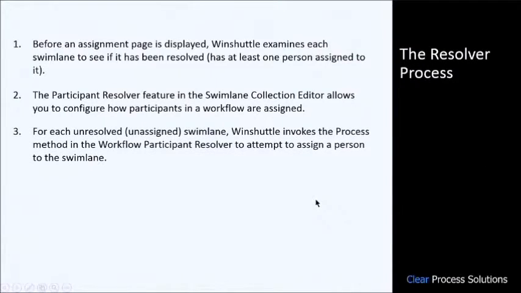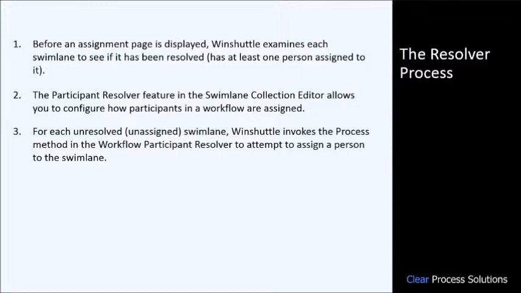Step 3 is for each unresolved or unassigned swim lane, Winshuttle is going to invoke the process method for the workflow participant resolver to attempt to assign a person to that swim lane. So what that's saying is, if you have a participant resolver, and say for example the participant resolver you're using is the SharePoint query participant resolver, Winshuttle is going to go and try to query your SharePoint list and get that information, who's going to be assigned to that swim lane.